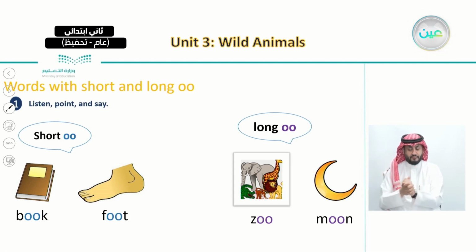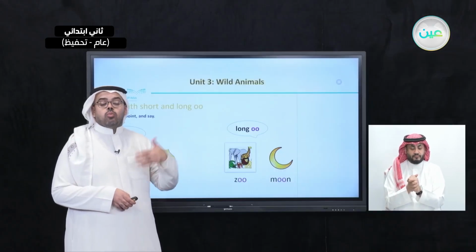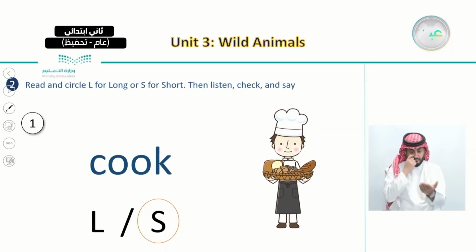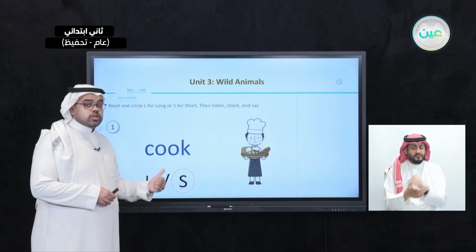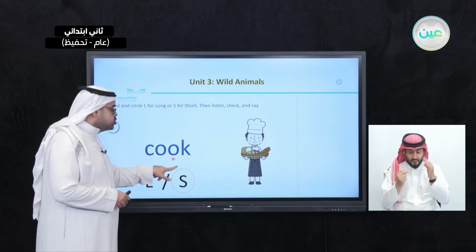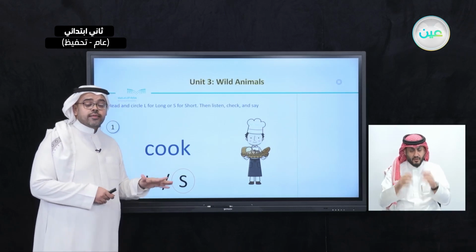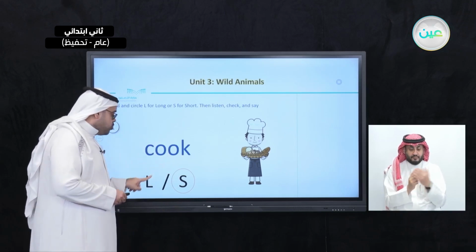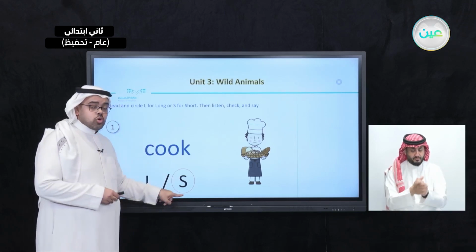Very good. Now let's get to know more of these sounds. In this exercise, we're going to read and also listen. And after we listen to these words that have two O's, we're going to decide whether the sound we heard matches the long form or the short form.